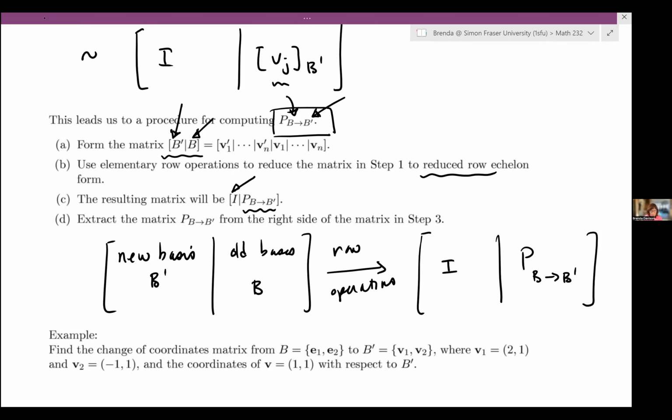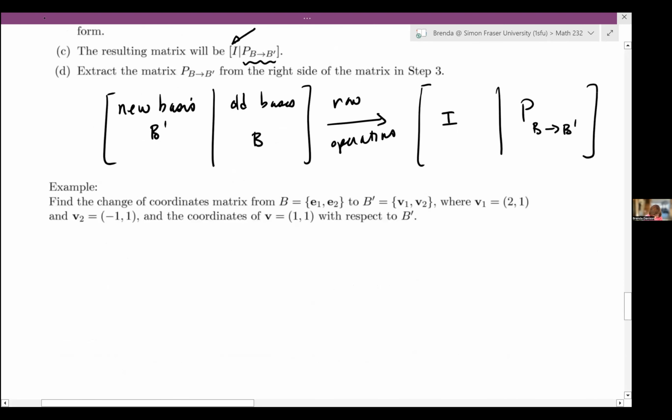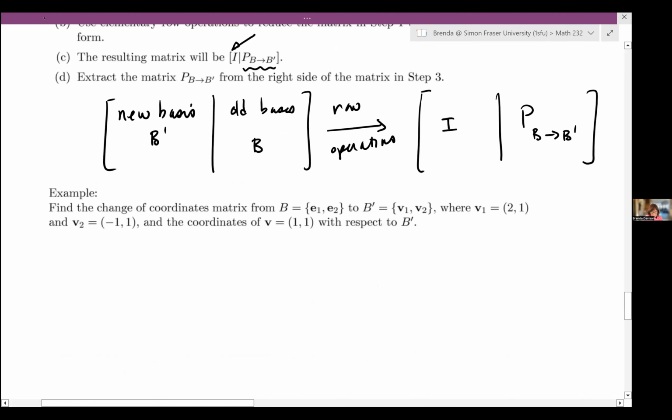Okay, let's do an example of this. This is our final thing here to understand how to do this. We are going to do a change of basis from an original basis to a new basis. We're told that our original basis is in fact E1, E2. When you see E1, E2 like that, with no further illumination, you assume those to be the standard basis vectors.